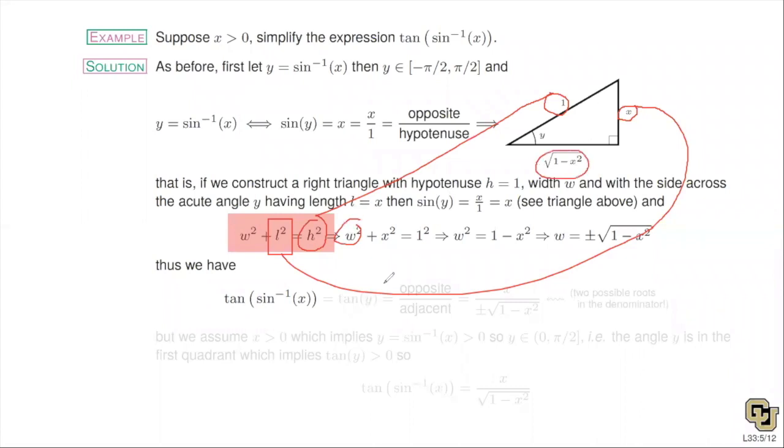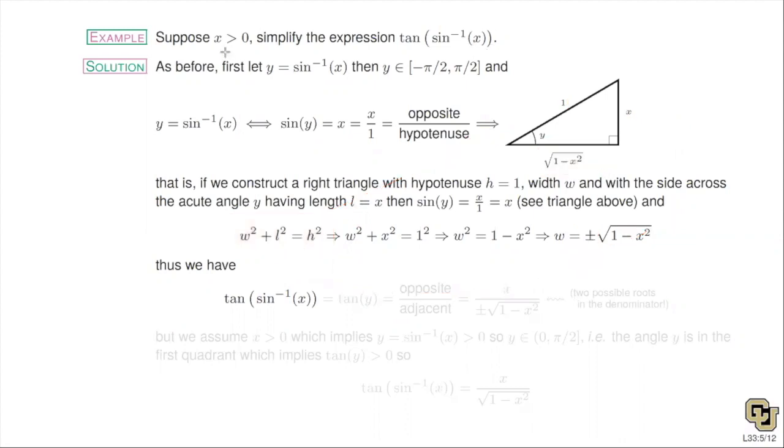If I solve for W, because it's squared, if you actually do the math, you get plus or minus. Here I wrote just plus because that's actually the correct answer. I'll show you how I know it's the positive root.